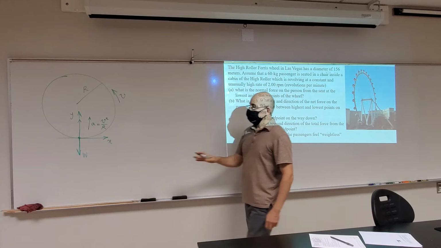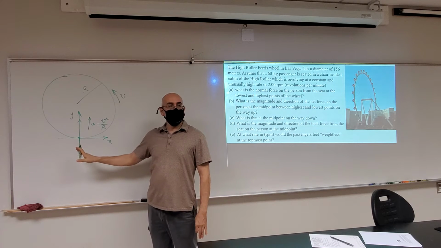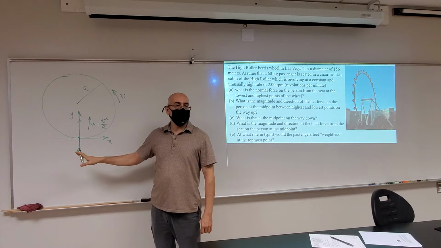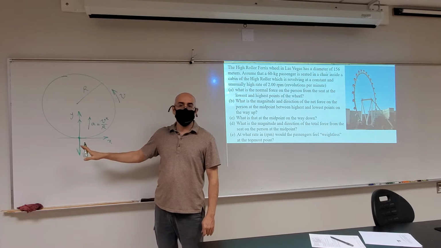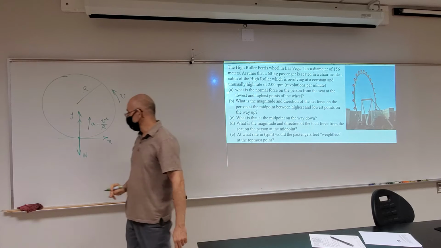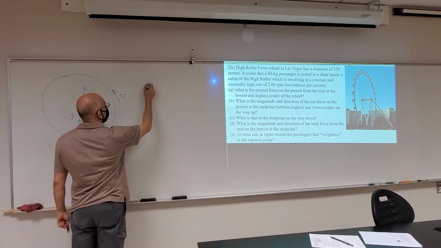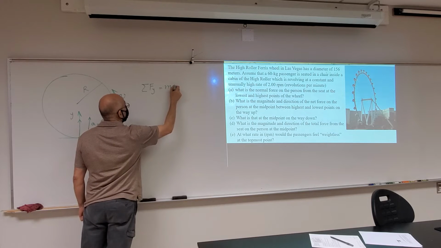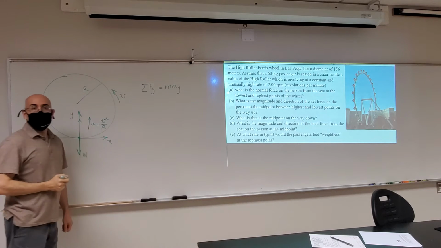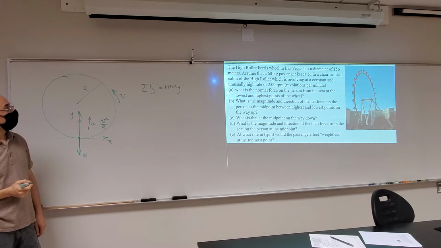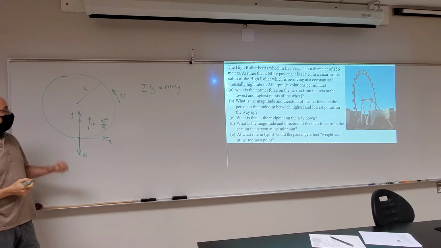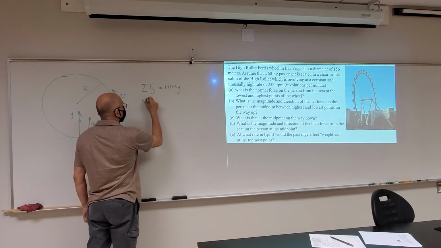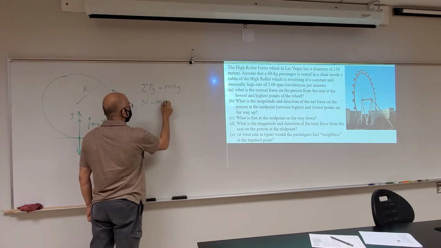So if I write sum of Fx equal to max, what do I get? I get nothing, right? There's no x component of force and no acceleration, so it doesn't give me anything. But I can write sum of Fy equal to ma. What are the y components? Normal force and weight. N minus mg, right?